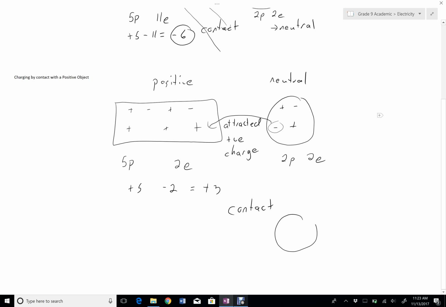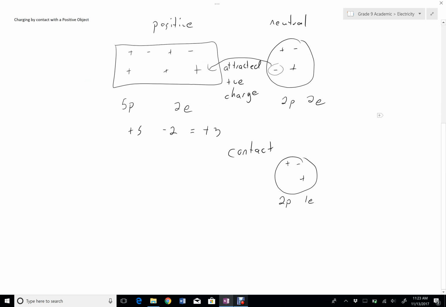What that means then is that this object loses one of its electrons. So the charge is actually transferred from the neutral object to the positive object. And it's left as a positive object. Alternatively, this object that was positive ends up with 1 more electron than it had before.